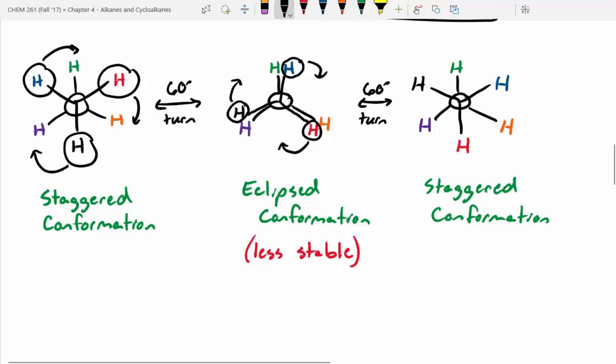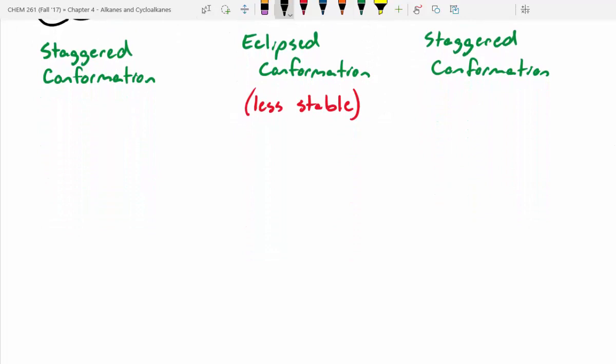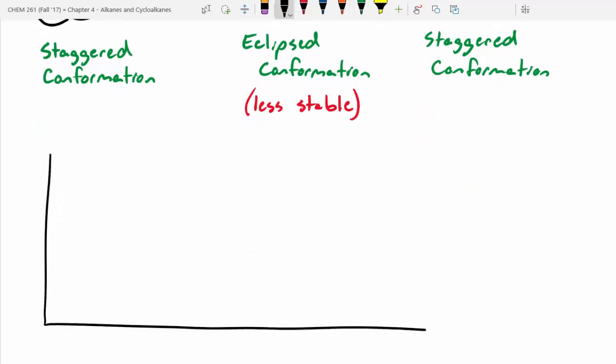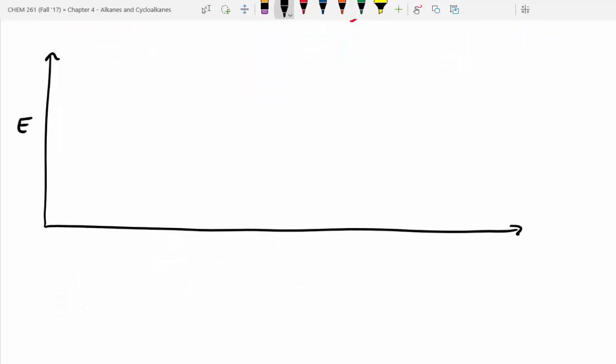So the way I like to imagine this is using a graph, and I'll show you guys how I graph it. So I'll do energy on this axis, and then I'll say rotation over here.